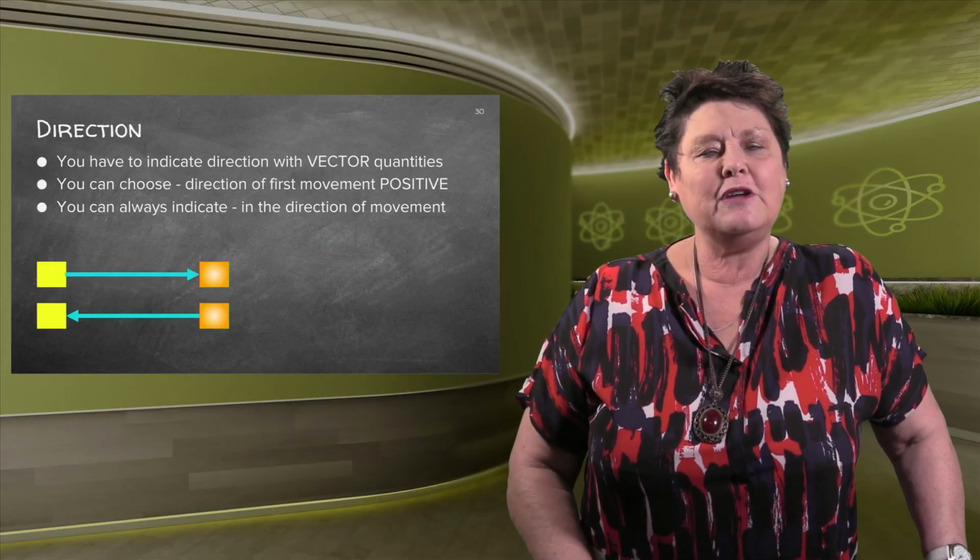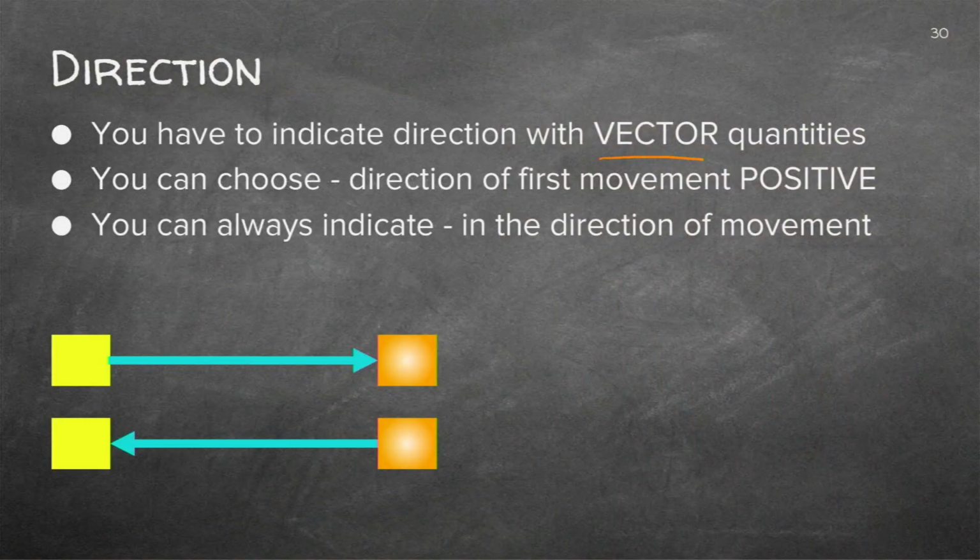We have to indicate the direction. It's a vector. We can choose the first direction as positive, and obviously if it's in the opposite direction, as negative. This is the way we usually represent vectors. You have to find the way that works for you so that you know.